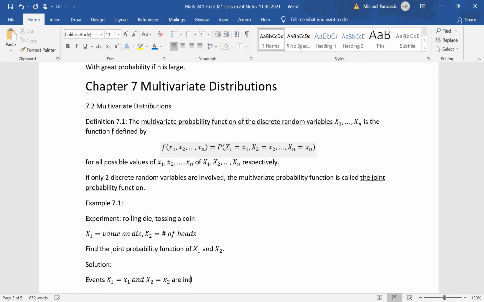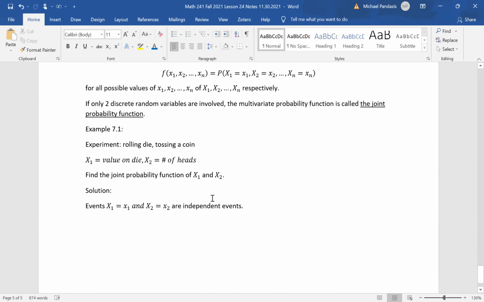Those two events are independent. The result of one has no effect on the other. So if you roll a die, the outcome of that has no effect on tossing a coin afterwards, and the same vice versa. Whatever result of your coin toss has no effect on rolling the die. So they're independent events.